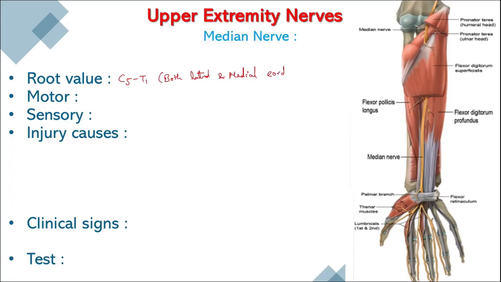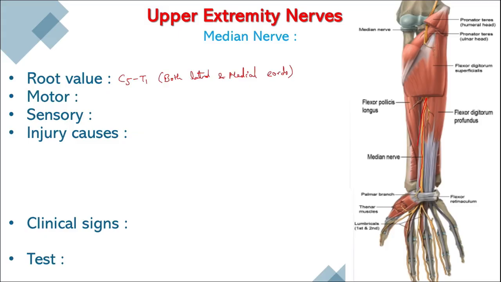Here the median nerve comes from below the flexor digitorum superficialis. Mostly we can see this median nerve medially.